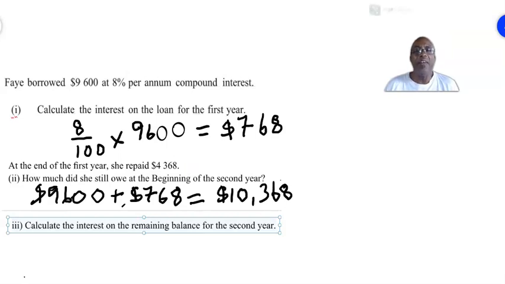So to find the amount she still owes, we have to subtract $10,368, the principal plus the interest, minus the amount she paid back, which is $4,368.